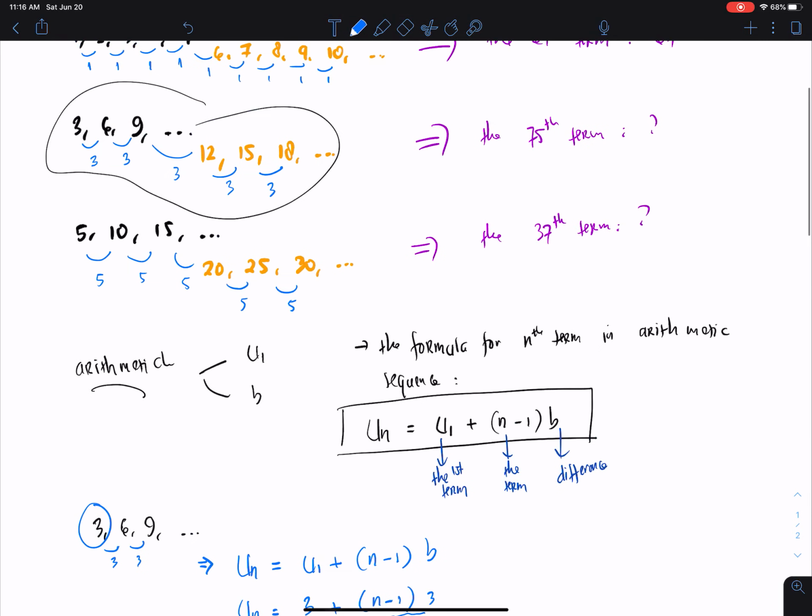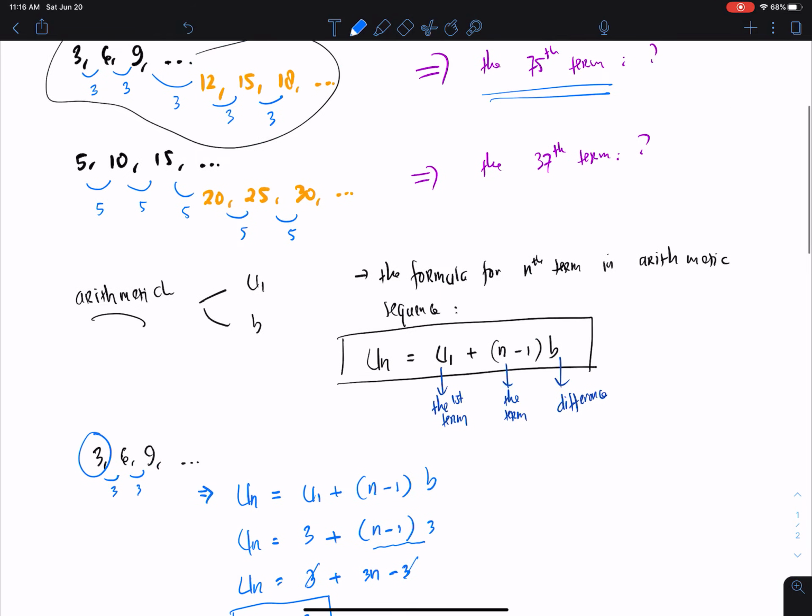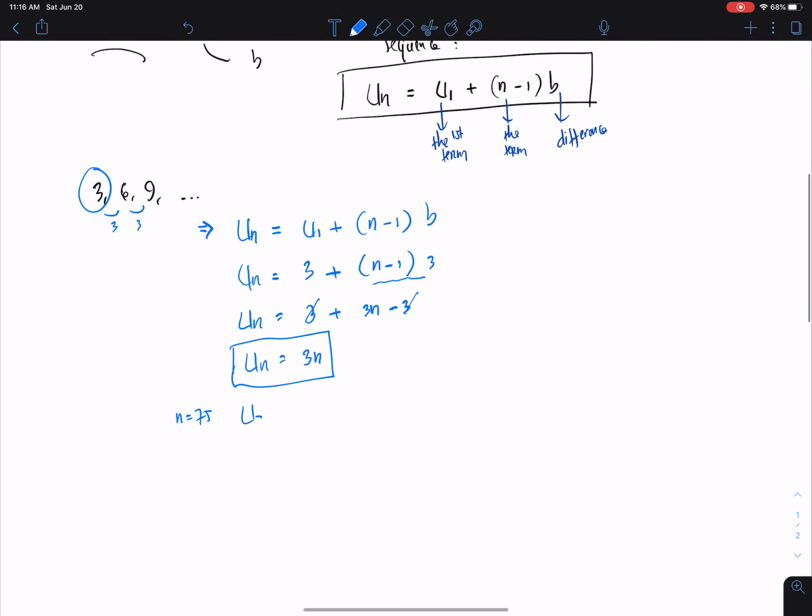When we ask about the 75th term, for n equal to 75, that will be 3 times 75, which gives us 225. You may check whether I multiplied these numbers correctly or not.